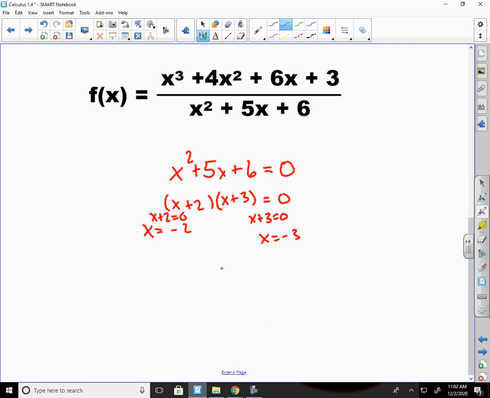So then by finding out where it's equal to 0, I can say the condition for this is that x cannot be equal to negative 2 or negative 3. Because if it is, it gives me a 0 on this denominator.